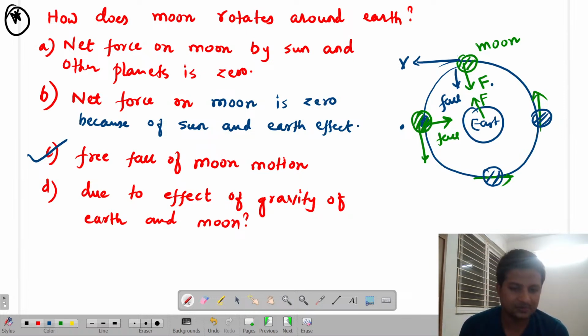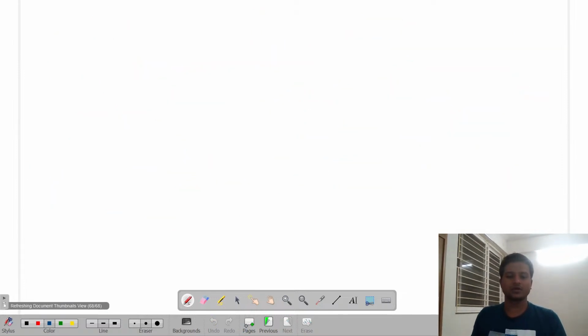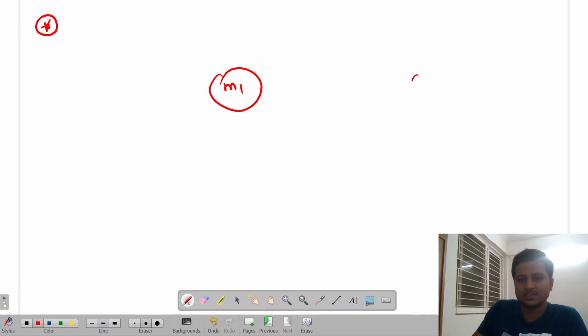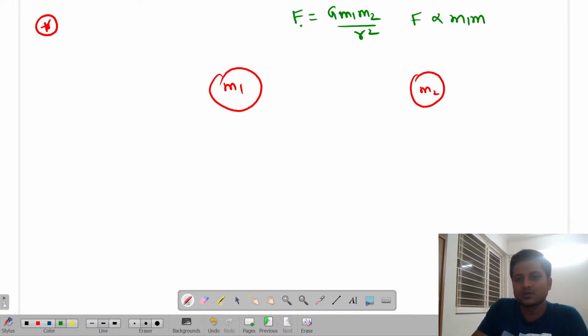I'll clear one doubt of one YouTube viewer, if you are also interested. Should I discuss? They are asking whether the difference of masses affects gravity. Remember, if this is m1 and this is m2, then the force of gravity says F is equal to G m1 m2 by r square. This means the force is independent of a single mass and depends upon the product of masses.